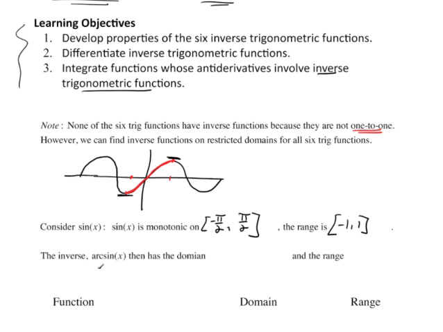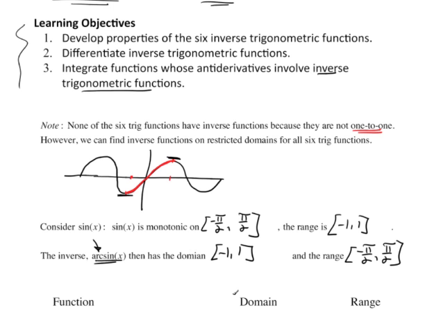So the inverse, which we refer to as arc sine of x, then has a domain of negative 1 to 1 and the range of negative pi over 2 to pi over 2.